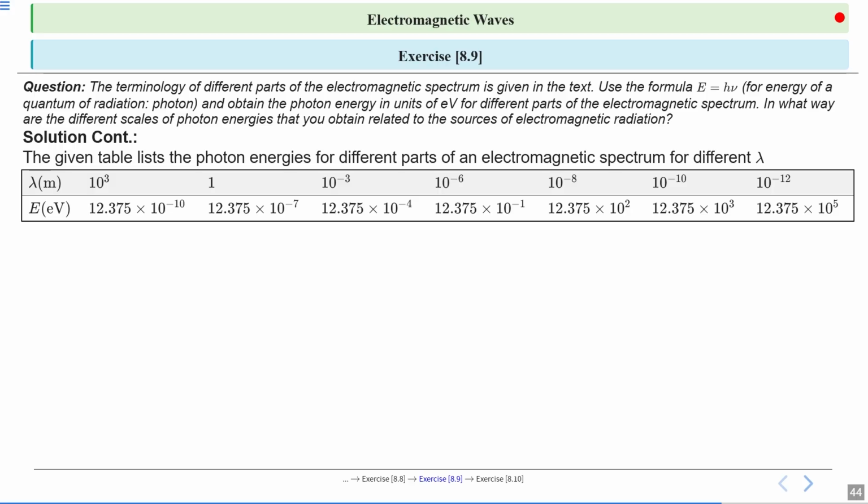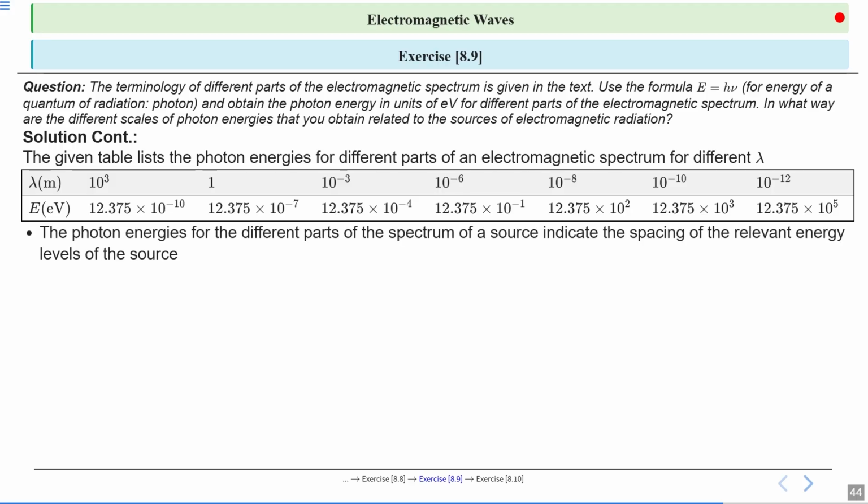From the different parts of the spectrum, lambda is taken as 10 to the power 3, 1, 10 to the power minus 3, 10 to the power minus 6, from different regions: radio waves, microwave region, infrared region, visible, ultraviolet. These wavelengths are taken: 10 to the power minus 6, 10 to the power minus 8, 10 to the power minus 10, and 10 to the power minus 12. And the corresponding energies can be calculated.